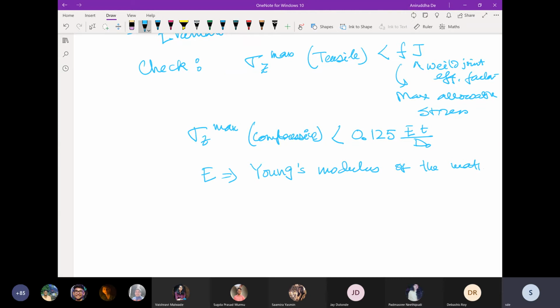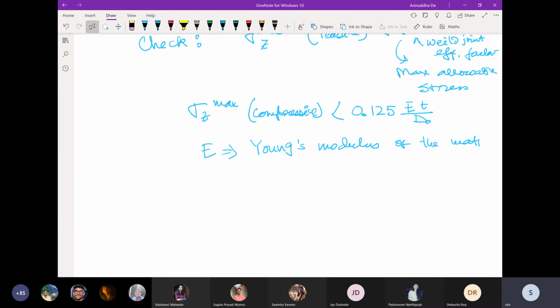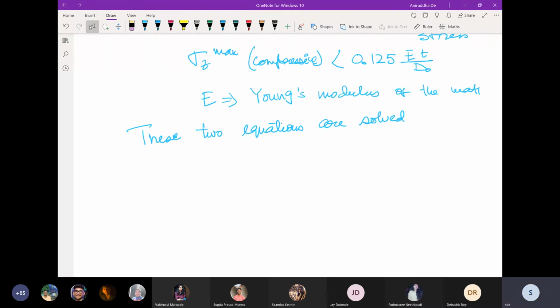T is the wall thickness; you can take corroded wall thickness, and D naught is the outer diameter of the vessel. Now these two equations are solved, and we solve for X.